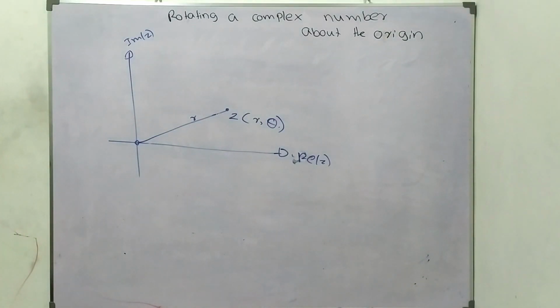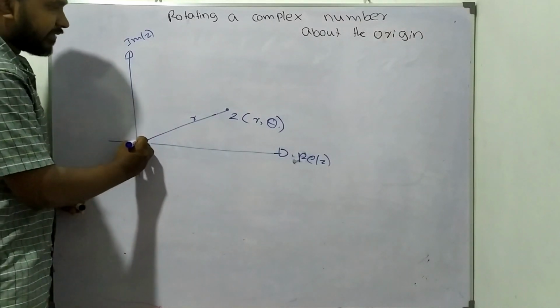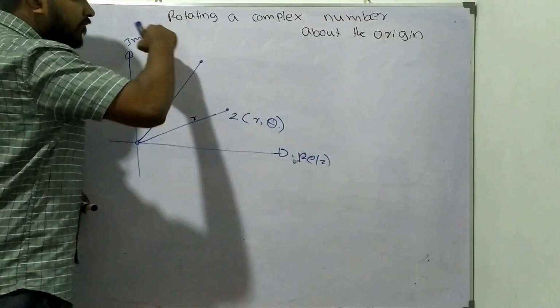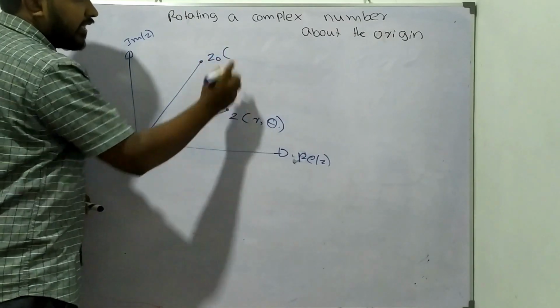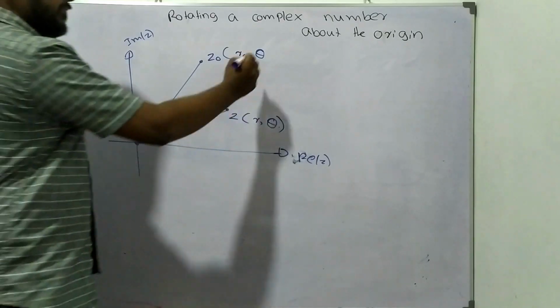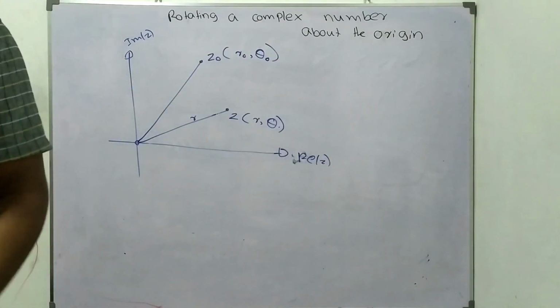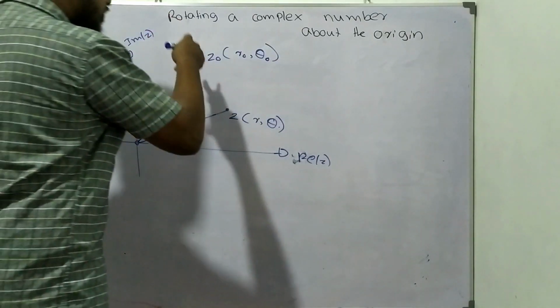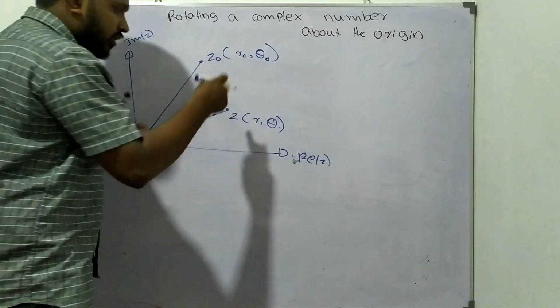Then I want to rotate that complex number to somewhere, the z naught position, with r naught and theta naught. I just need to evaluate z naught using z.